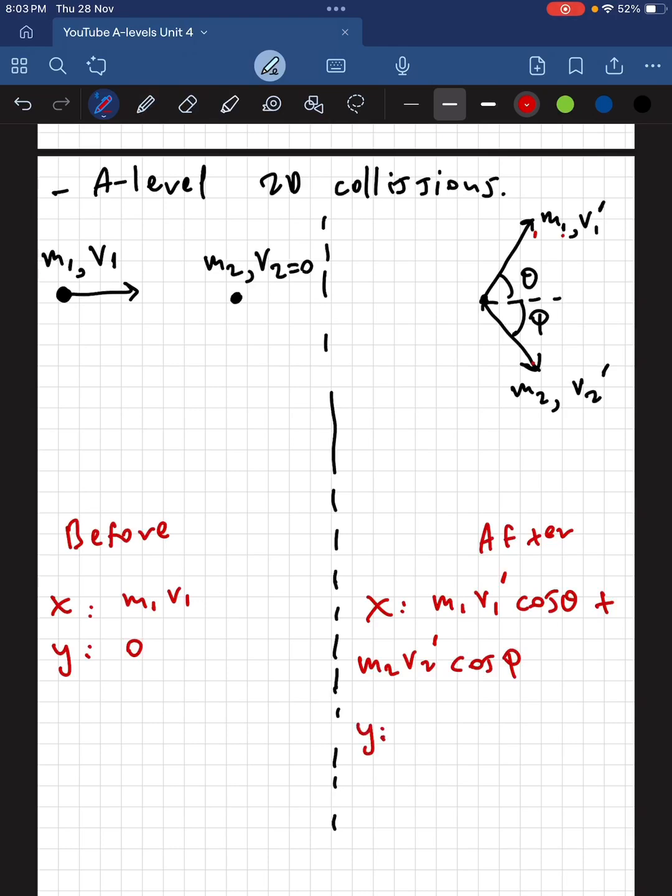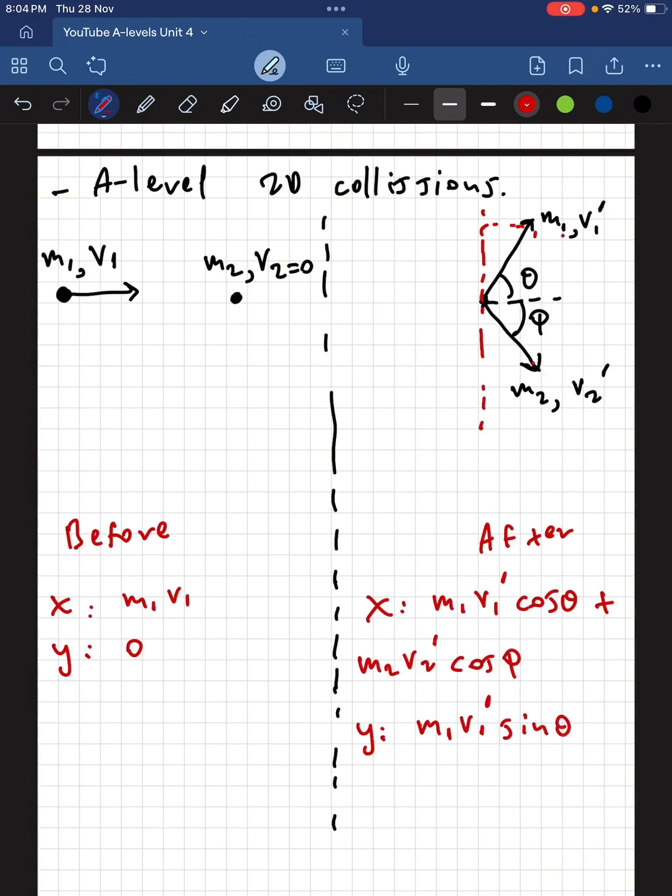Now, in the y direction, we have object 1 with mass 1 traveling north, and object 2, actually it's north east, but in terms of the y-axis, if we draw a y-axis like that and we find the y component of mass 1, that's going to be m1 v1 prime sine theta.